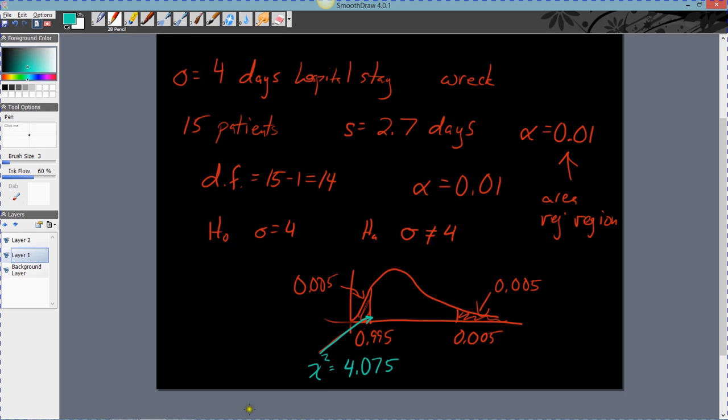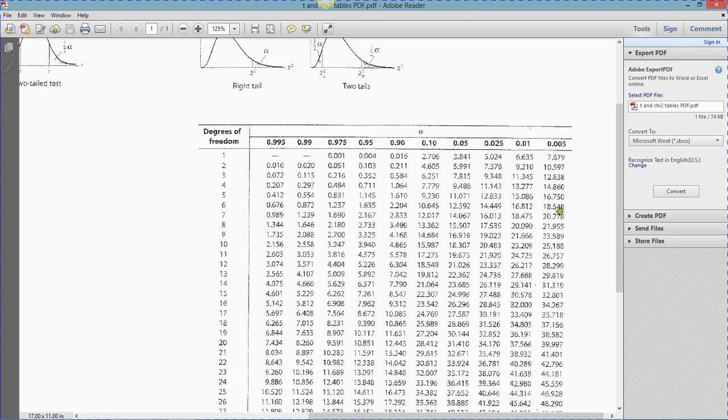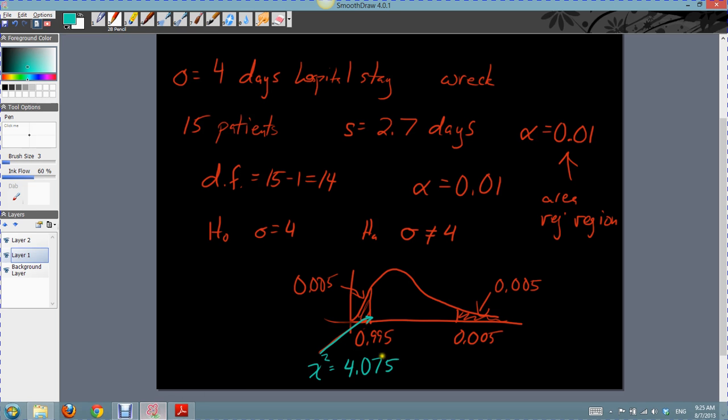And then for alpha 0.005 and 14 degrees of freedom, that's the right one, 31.319. So chi-squared is 31.319. So these are our two critical values for chi-squared.